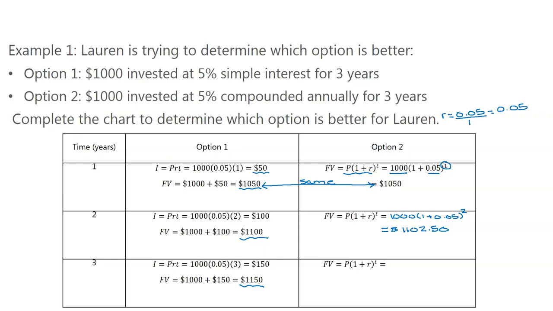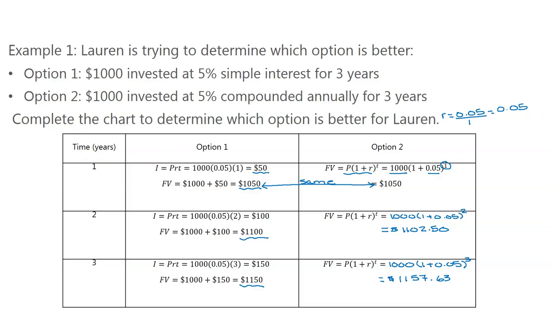Now for 3 years, we'll get 1,000 times (1 plus 0.05). This time it would be to the power of 3. I'm getting interest just once a year. Over the course of 3 years, it's applied 3 times. So again, being careful with the way you enter this in the calculator and you follow your order of operations, you should get $1,157.63.